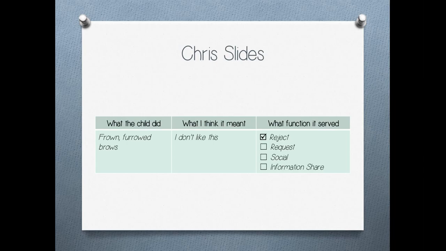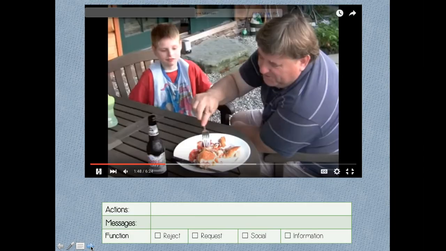It's not necessarily an intentional communicative act, but it is communicative in letting me know that this isn't something that he liked. If you take that whole context into consideration with the slide, you can see where that would make sense.